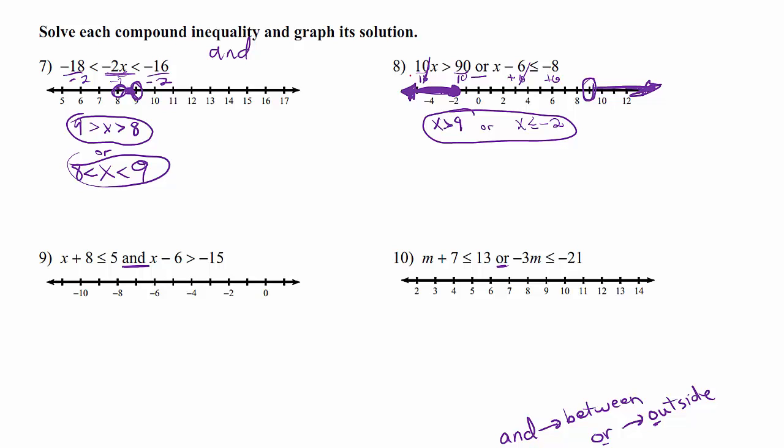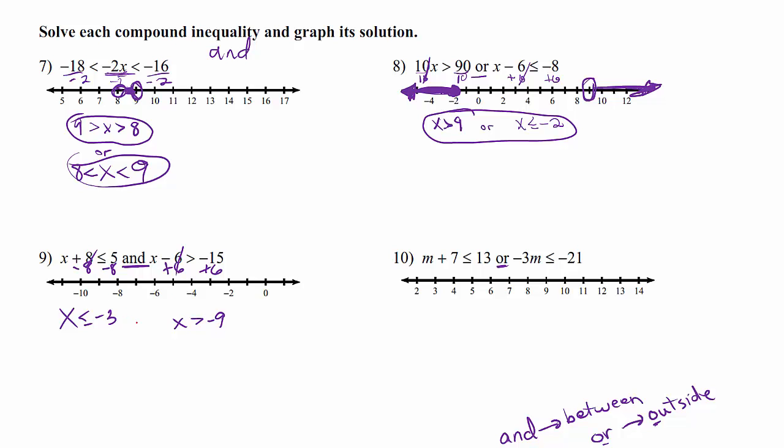Number 9. We just need to solve this. It says and, so we'll do that. We'll do -8 on the first one and get x is less than or equal to -3. We'll add 6 to both sides on the second one and have x is greater than -9.